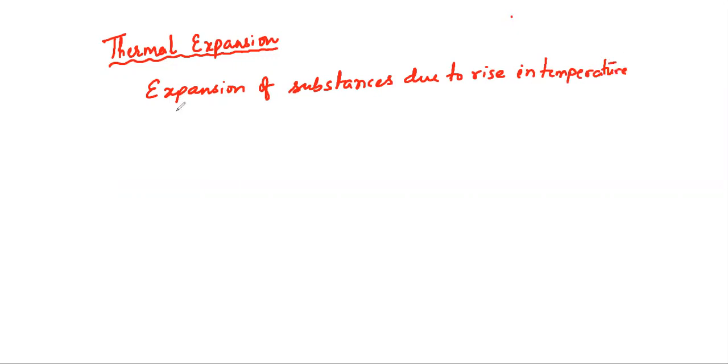So we will discuss linear expansion, that is when the expansion is along the length. Next we will discuss superficial or surfacial expansion, when there is expansion in the area.